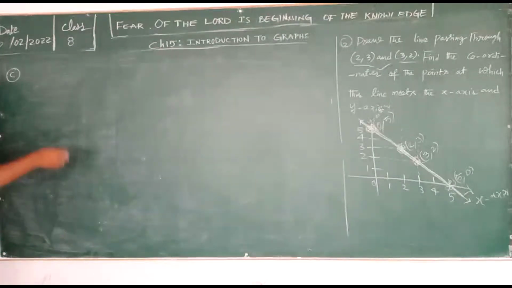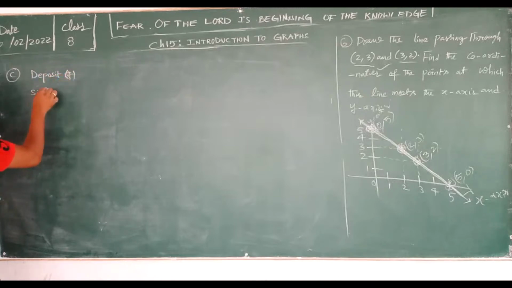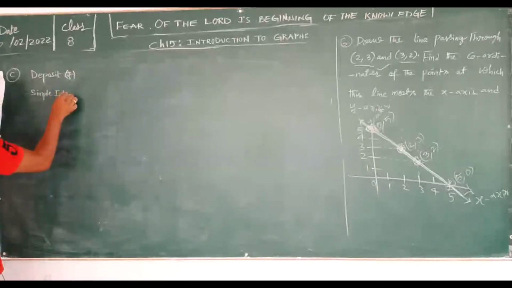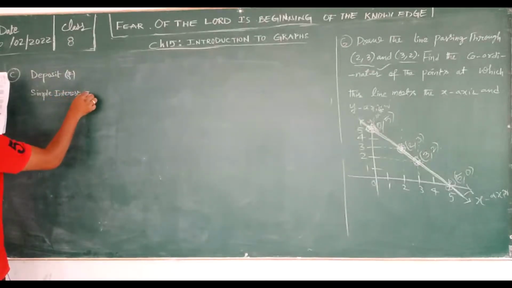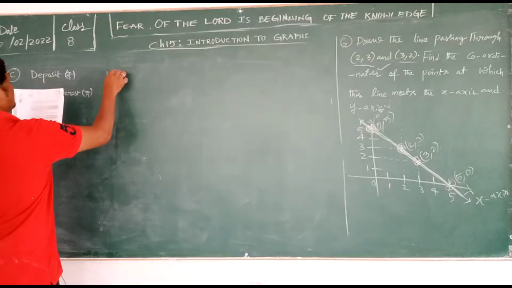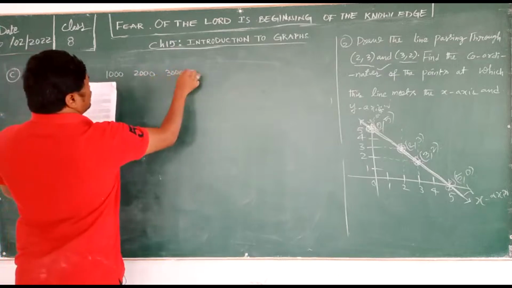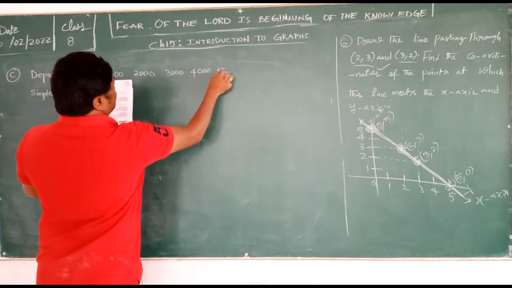So let's move on to our C problem, and the second you do as homework. C: deposit in rupees, and simple interest, again in rupees. The deposits are 1,000 rupees, 2,000, 3,000, 4,000, and 5,000 rupees.